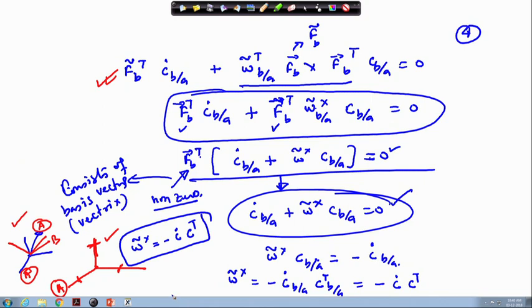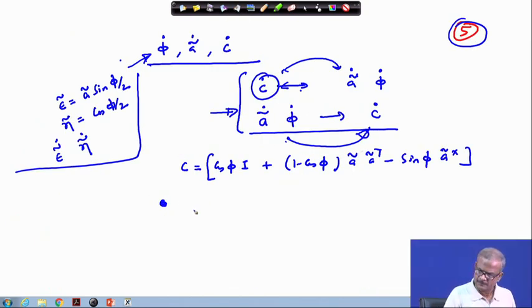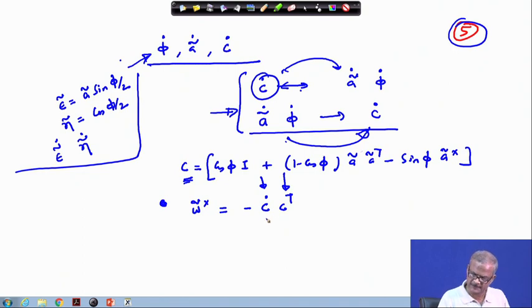Using this particular expression, omega tilde cross equals minus C dot times C transpose. If we insert this C here, and the derivative of C after taking the derivative, which we will do as part of the tutorial, it can be reduced to the format omega tilde cross, as we have perhaps written last time, A tilde cross minus 1 minus cos phi.